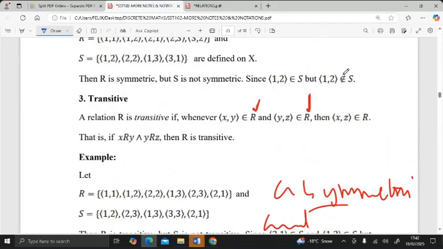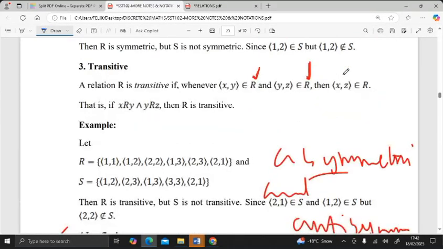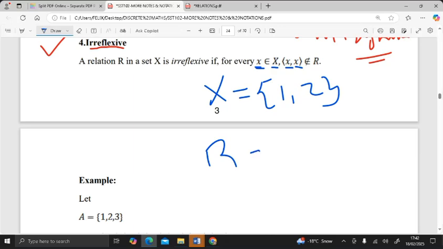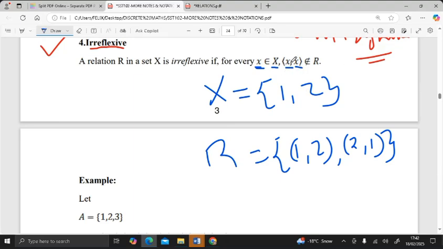Now, what do you mean by anti-reflexive? Look at this. If for every member of X, no member is related to itself, this is an example of an anti-reflexive relation. Let me give you an example here, if X consists of those elements.